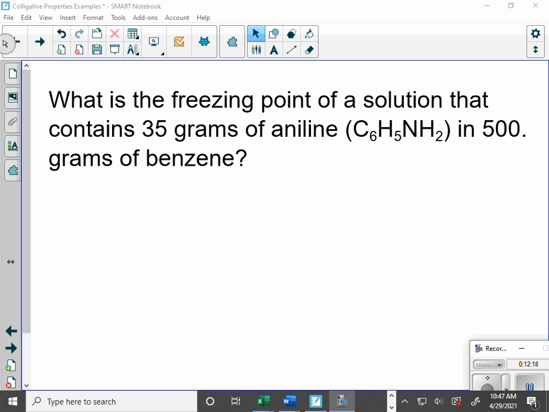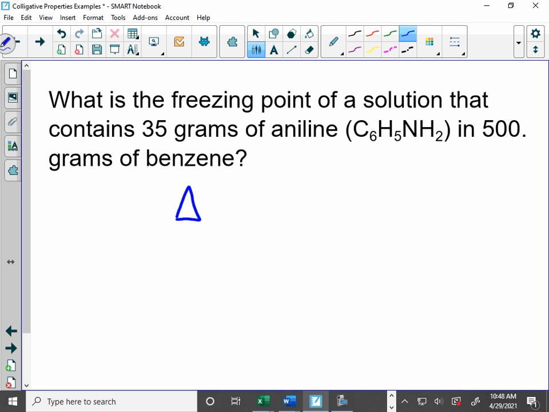So when I'm looking at my chart for boiling point, freezing point, and the constants, I'm going to look for benzene this time, not water, because my solvent is benzene. So once again, I'm dealing with freezing point depression. So my change in the temperature of the freezing point is going to be Van't Hoff's factor times the freezing point constant times the molality of the solution.